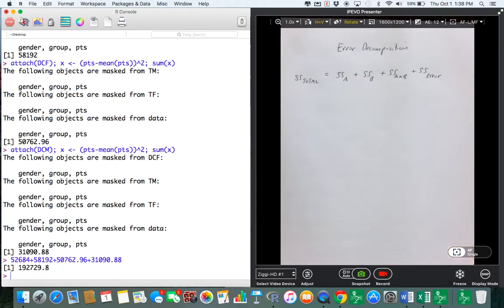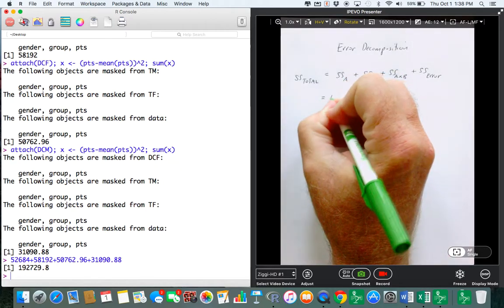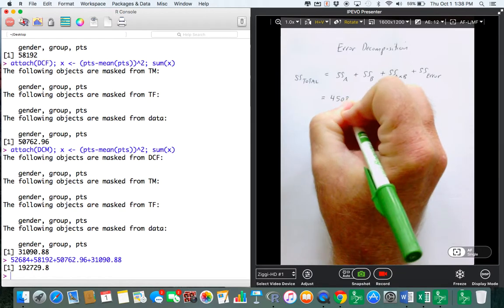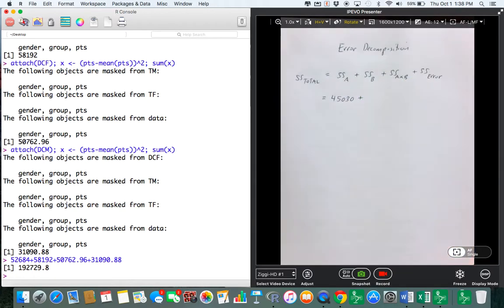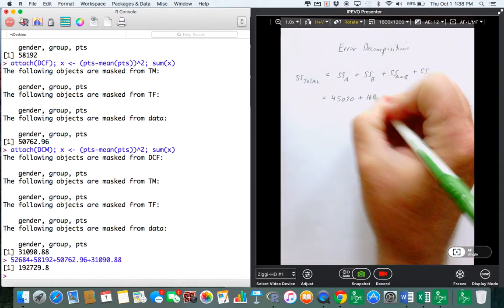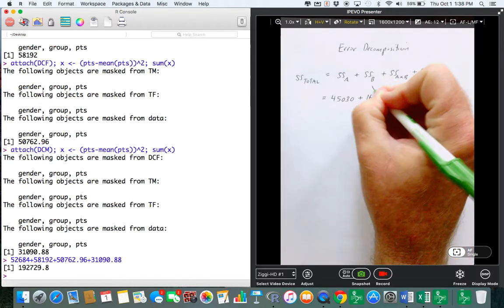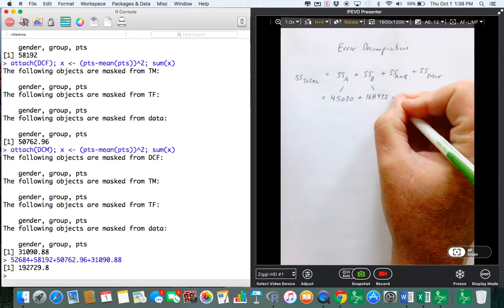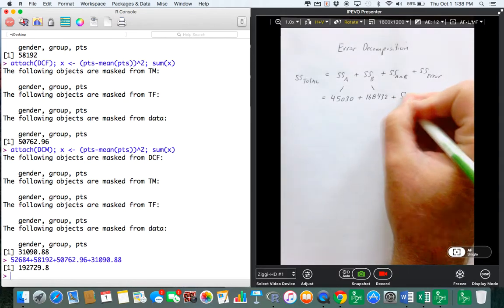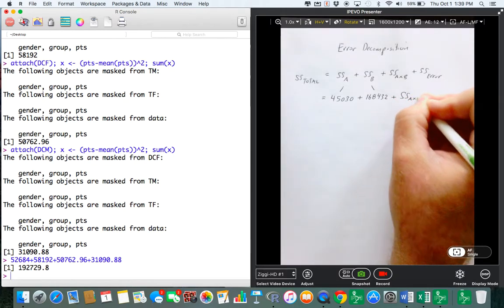All right, now what I know from all of my hard work is that the sum of squares for gender was 45,030. The sum of squares for instruction was 168,432. The sum of squares for the interaction I didn't calculate.